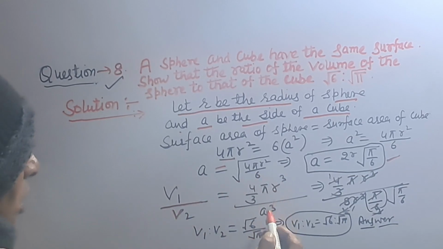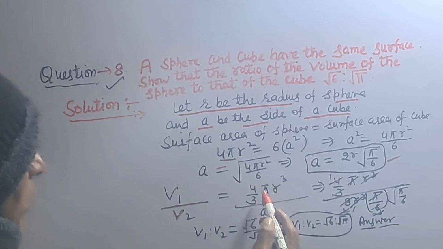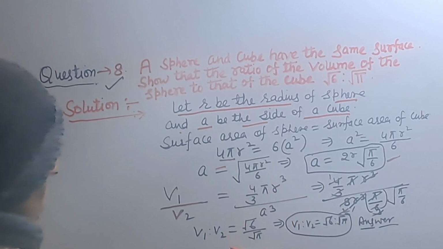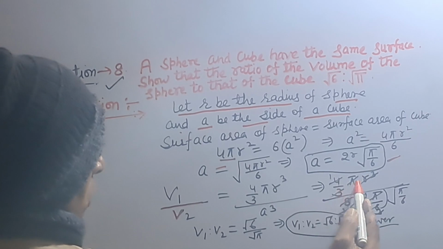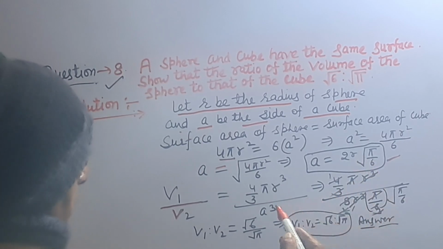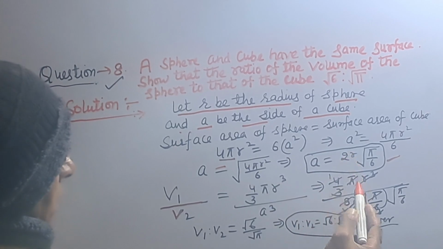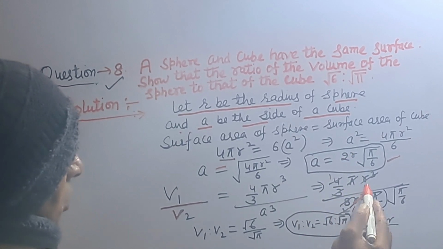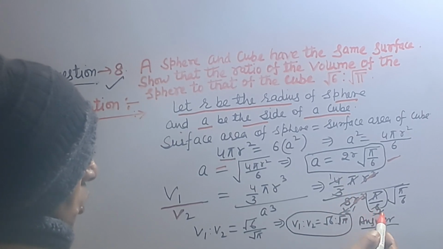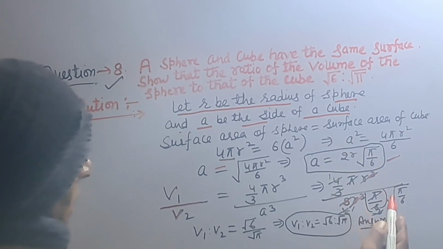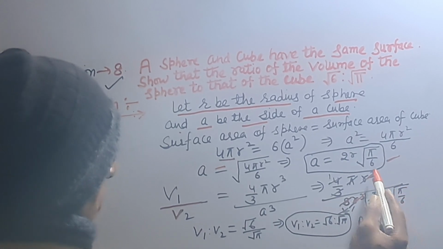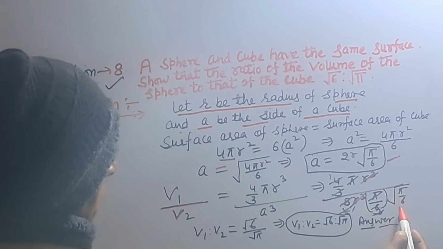And volume, that is volume of sphere divided by V2, volume of cube. Volume of cube is side cube, and volume of sphere is 4/3 pi r cube. 4/3 pi r cube upon a cube, that is 8 into r cube. R cube is cancelled, and 4 2s are 8, 2 1s are 2, 2 3s are 6, 3 3 is also cancelled, and we get 1 upon root pi upon 6.